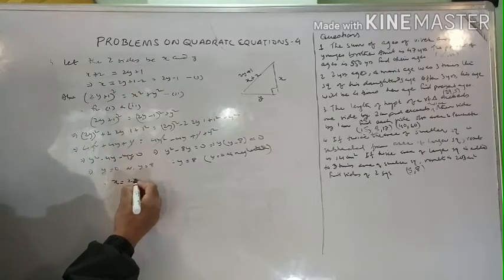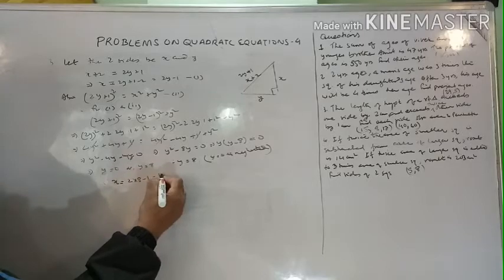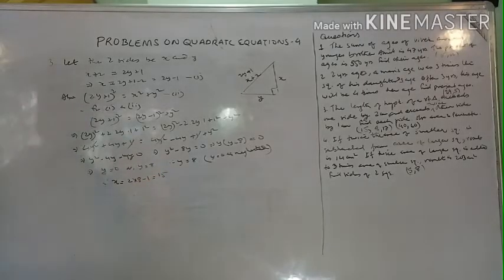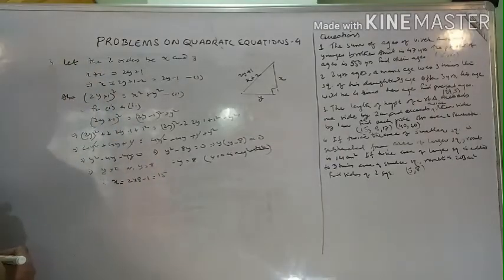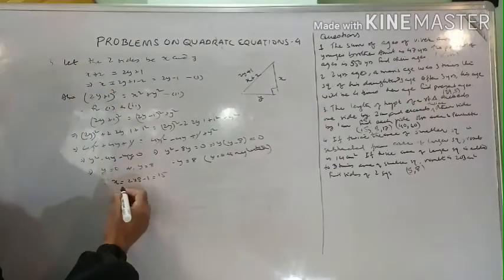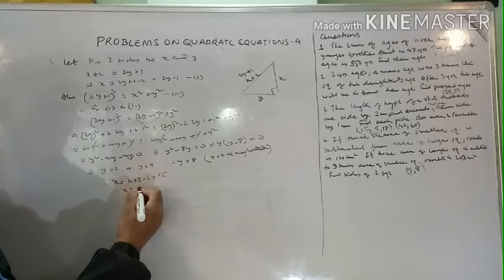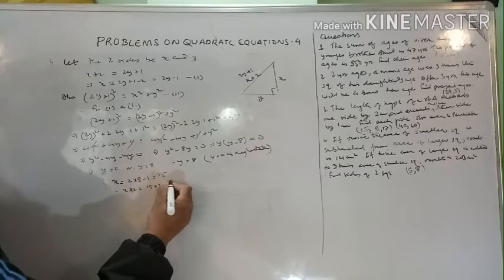So 2 into 8 minus 1, that is 16 minus 1, so it will be 15. At the other side, hypotenuse is x plus 2. So x plus 2 is equal to 15 plus 2, which is equal to 17.